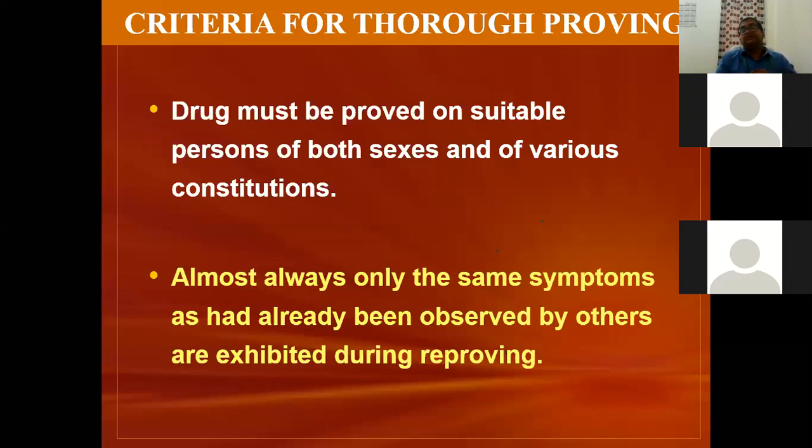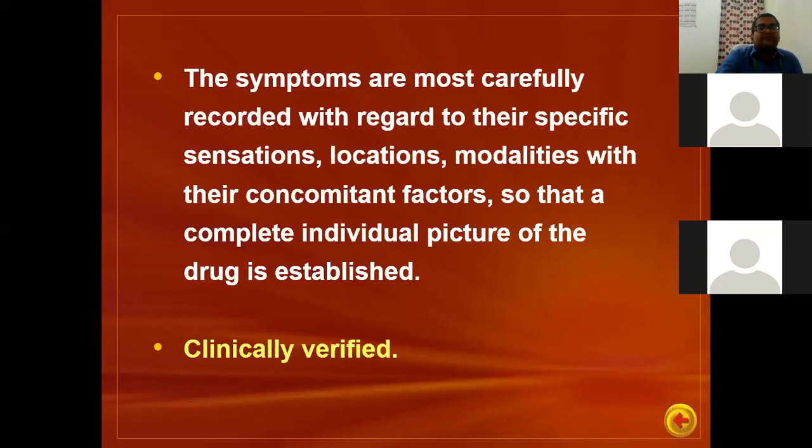If every person is showing the same symptom, then that symptom should be taken properly in bold form. Means you have to take care of that symptom because all provers are showing it.